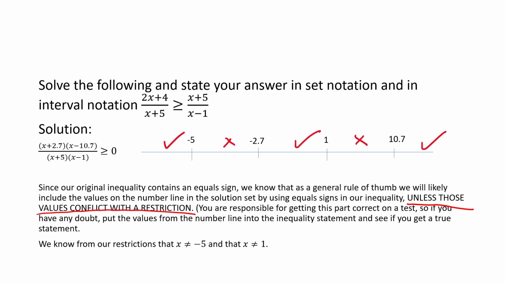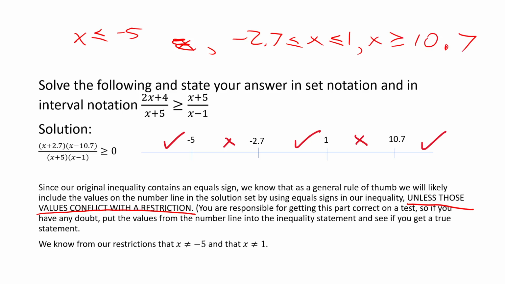So if I was just to look at this, I would say x is less than or equal to -5, and then negative 2.7 is less than or equal to x is less than or equal to 1, and x is greater than or equal to 10.7. But remember that we cannot equal -5 or +1 because those are restrictions. So we can't say less than or equal to -5. We have to simply say less than. And we cannot say less than or equal to 1. We have to simply say less than.